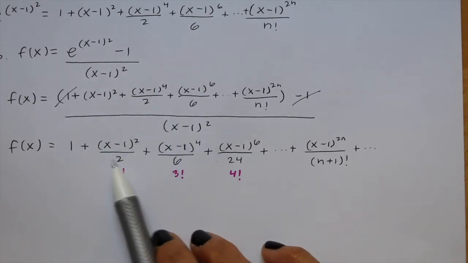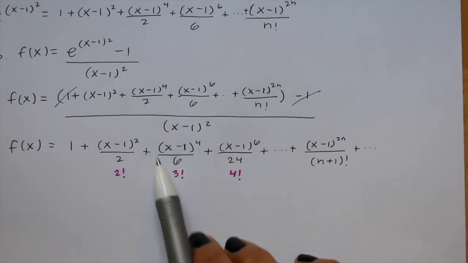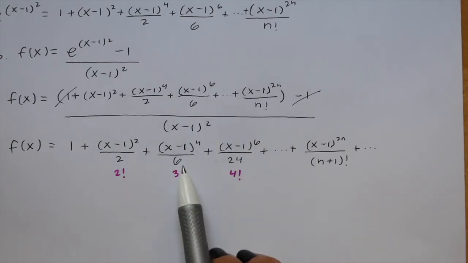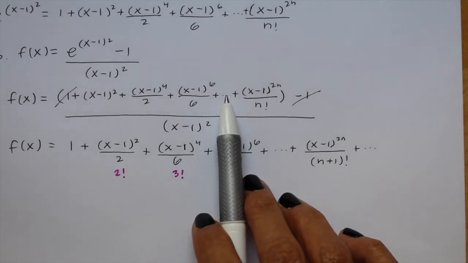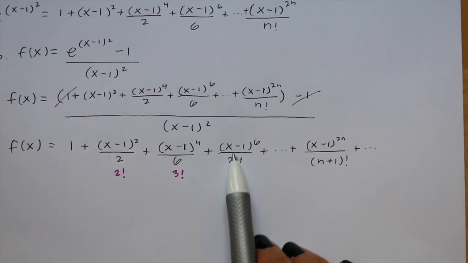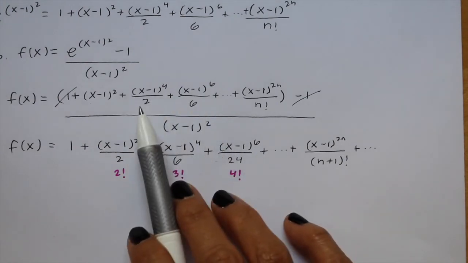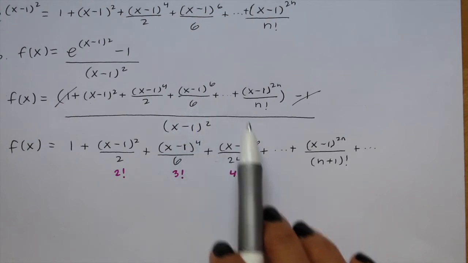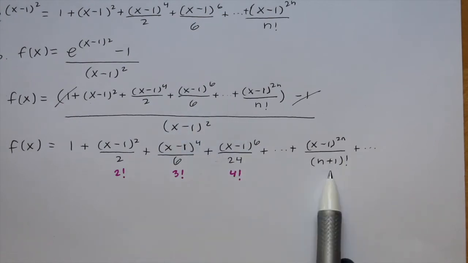These give x minus 1 quantity squared over 2. These reduced and gave x minus 1 quantity to the 4th over 6. The next term up here would have been x minus 1 to the 8th over x minus 1 squared, which would leave you with x minus 1 to the 6th. In the denominator, you're following the pattern of 2 factorial, 3 factorial, so that's why this is 4 factorial or 24. And then you have your general term.